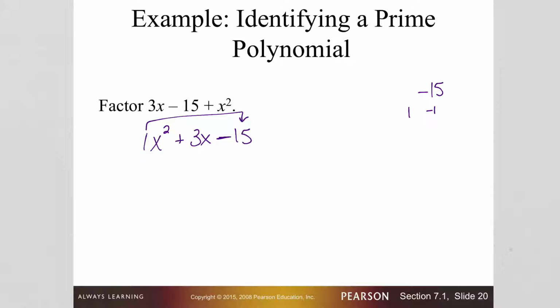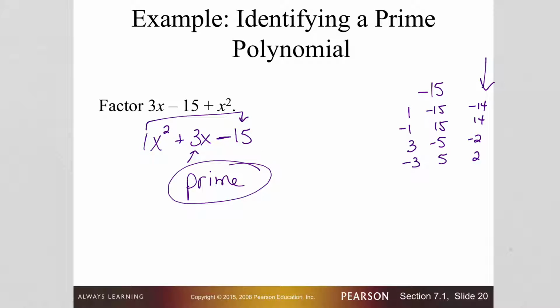I've got 1 and negative 15, negative 1, positive 15, 2 won't go in, 3 and negative 5, or negative 3 and positive 5, and that's all the pairs. So now I'm going to add up each of the pairs. I get negative 14 here, I get 14, I get negative 2, I get positive 2. Not a single one of them add up to be negative 3, or positive 3, I'm sorry. So because none of these add up to be positive 3, we would say that this is prime. That's our answer.